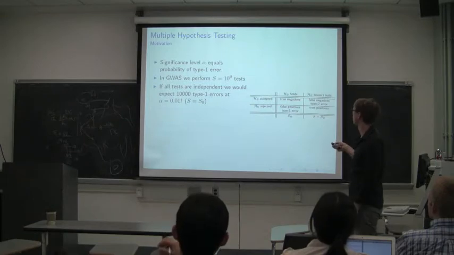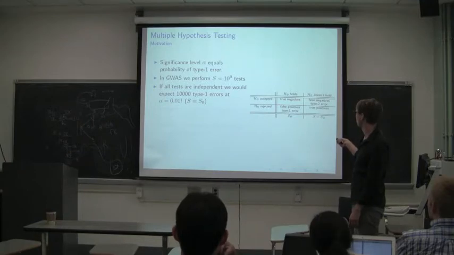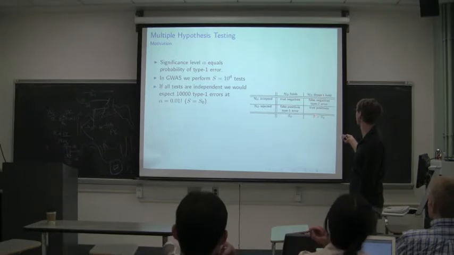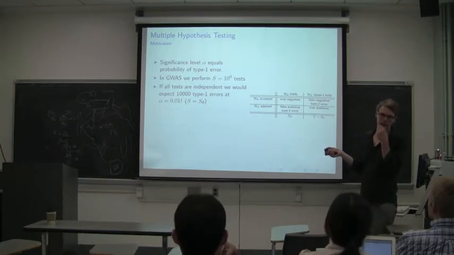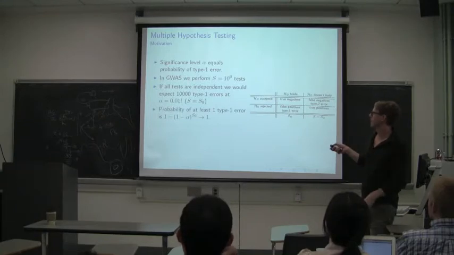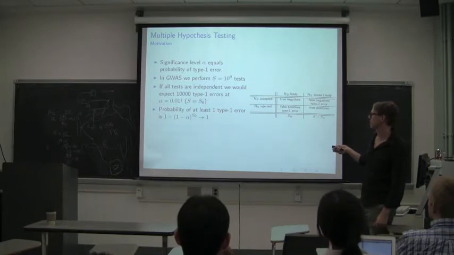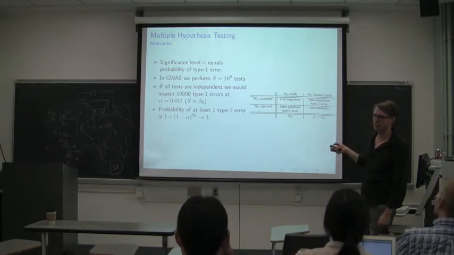Here I use S as the total number of tests, and S0 as the number of tests where the null hypothesis holds, so S minus S0 is the number of true alternatives. Say all the tests are independent, then you can compute the probability of at least one type 1 error. The probability of making a type 1 error is alpha.